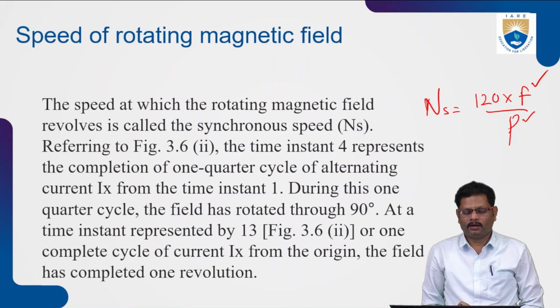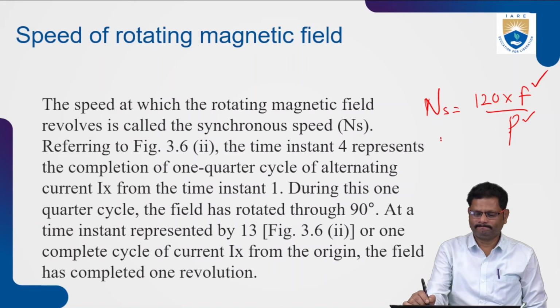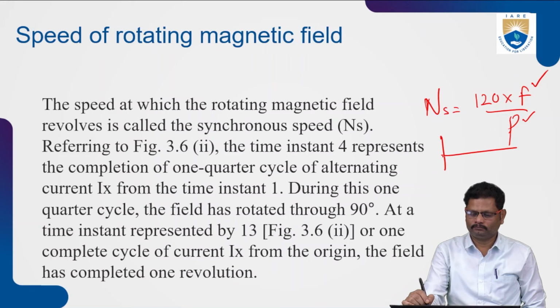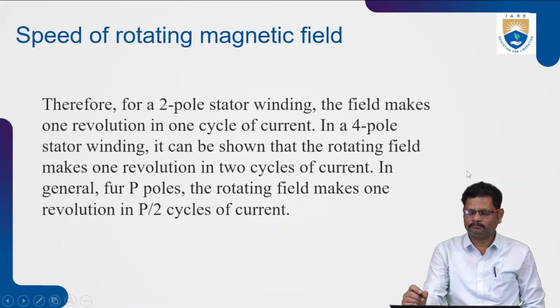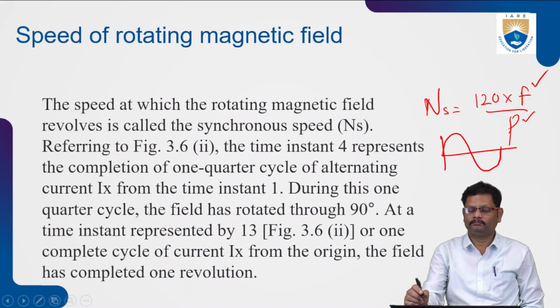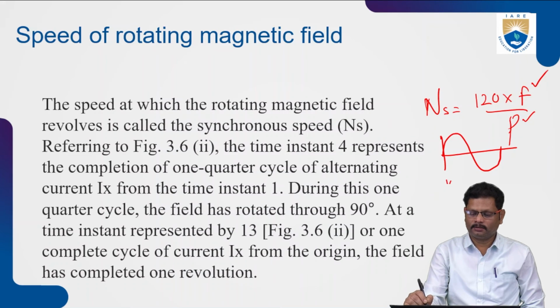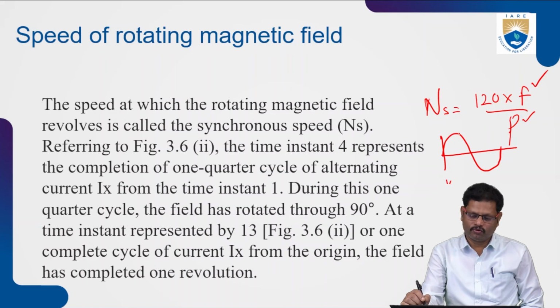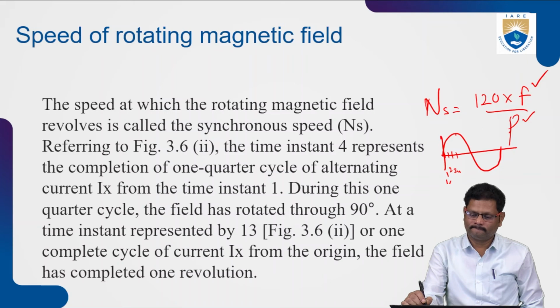So instant 4 represents the completion of 1 quarter cycle. If it is the 1 cycle, at instant 1, 2, 3, 4, it is 1 quarter cycle.